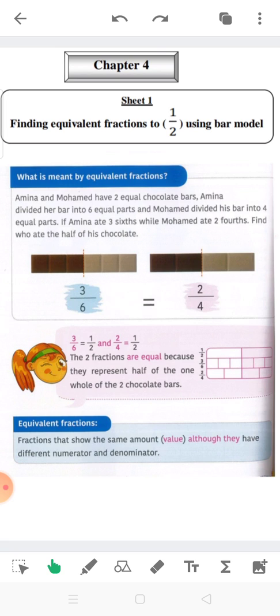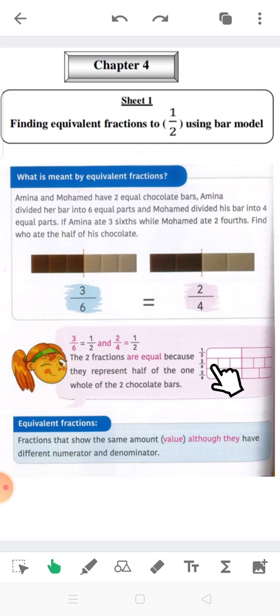When we draw this figure, called a bar model, the two fractions are equal to half, because they represent the half of one whole of the two chocolate bars. This is a half and this is a half.